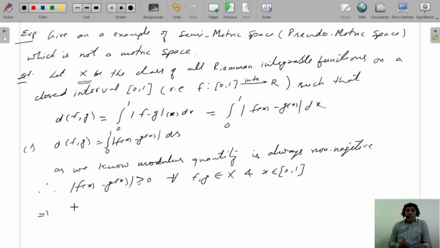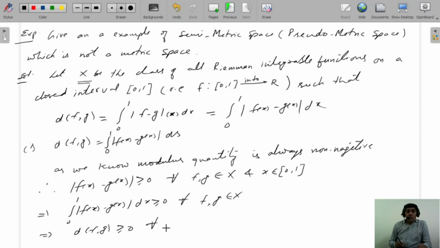This implies the integral from 0 to 1 of modulus of f(x) minus g(x) dx is also greater than or equal to 0 for every f, g belongs to capital X. This implies d(f,g) is greater than or equal to 0 for every f, g belongs to capital X.